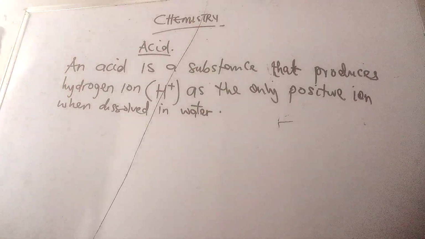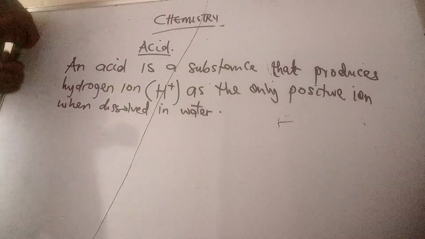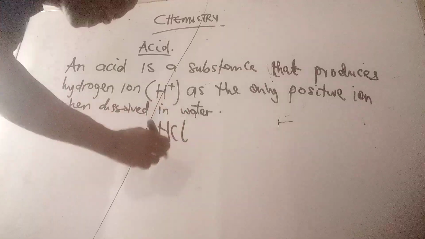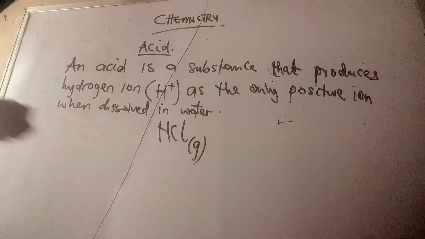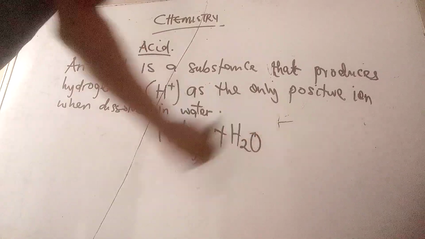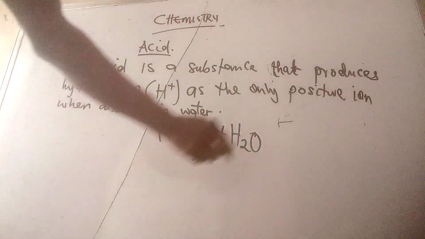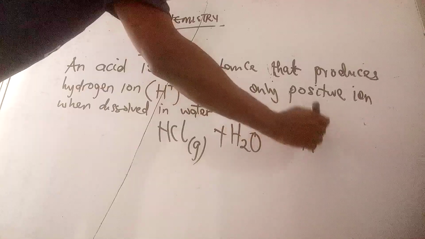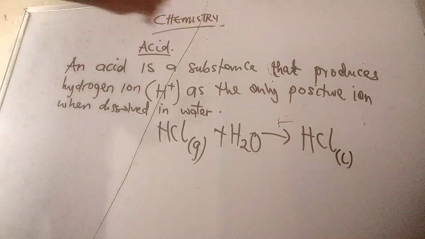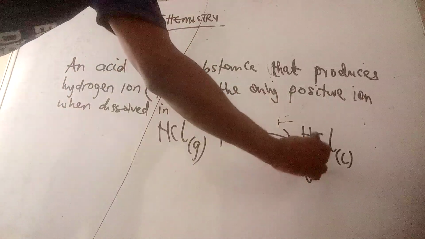Now, for example, if we have hydrogen chloride gas, and we dissolve this in water, then it becomes hydrochloric acid. So this is hydrochloric acid.